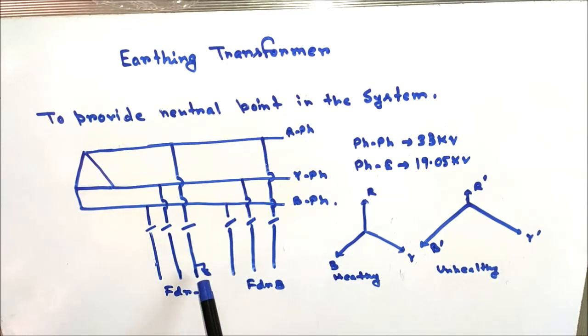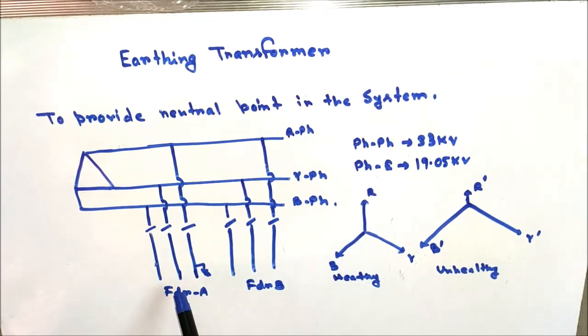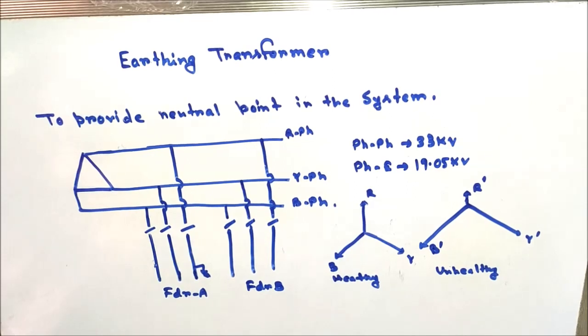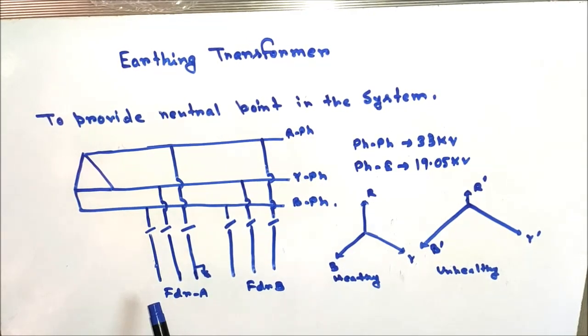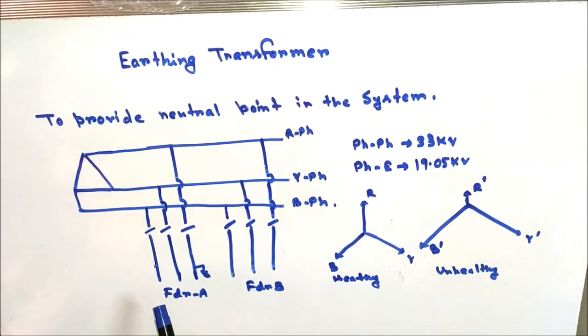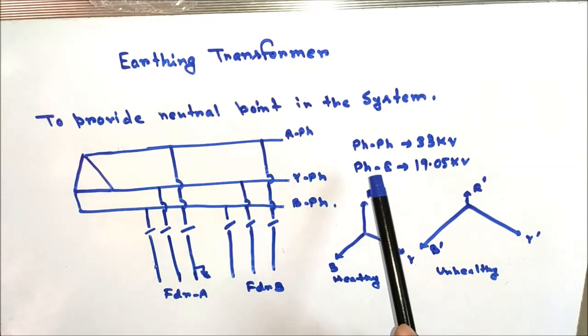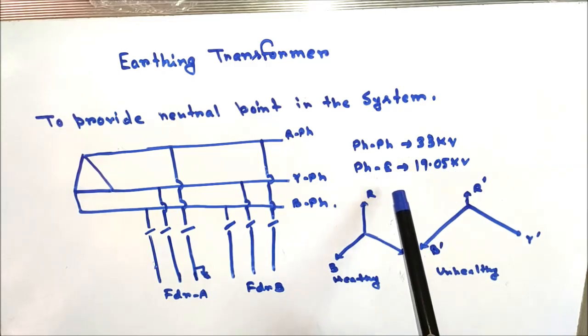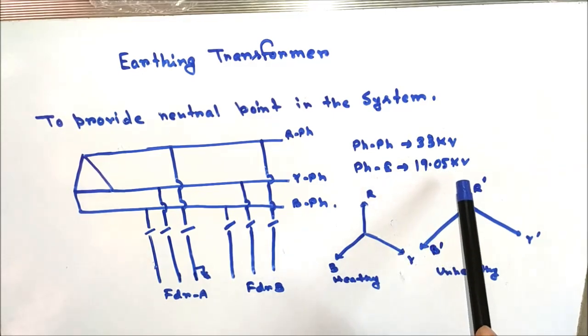For example, if an earth fault occurs in the red phase of feeder A, there will be a voltage overshoot in the other phases, that is, the yellow and blue phases. If it is a solid earth fault, the healthy phase voltage becomes the line voltage: phase to phase voltage is 33 kV and phase to earth voltage is 19.05 kV.